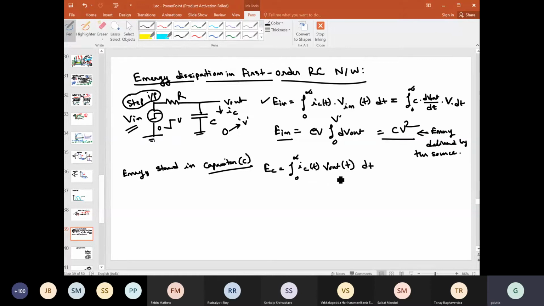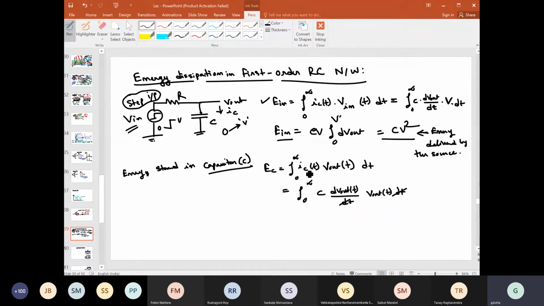But because now we are trying to find the energy stored in this capacitor, you can replace it like this: C dV out of t by dt. Here this is dV out of t, this is dt. So this dt is gone.